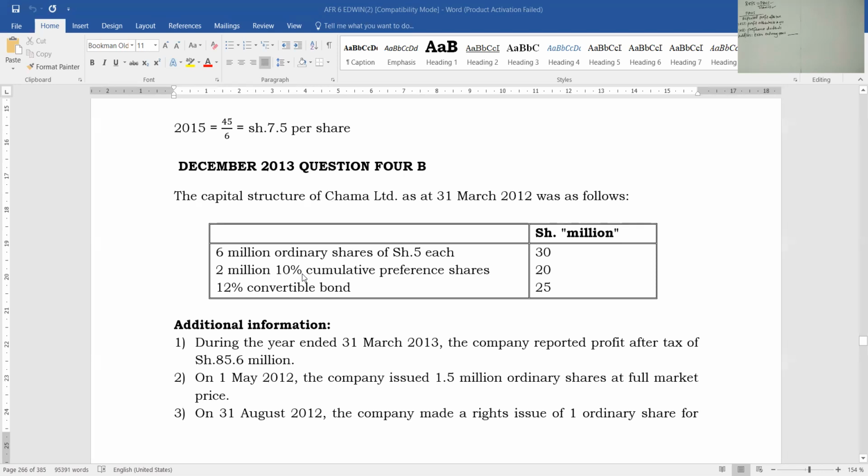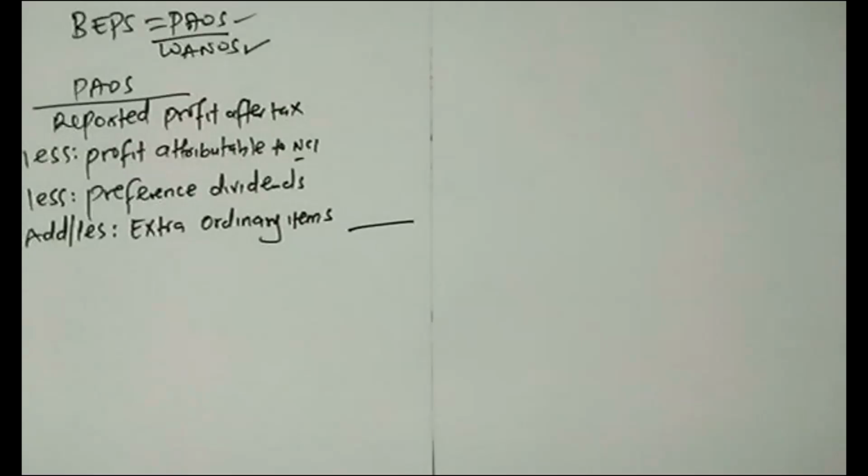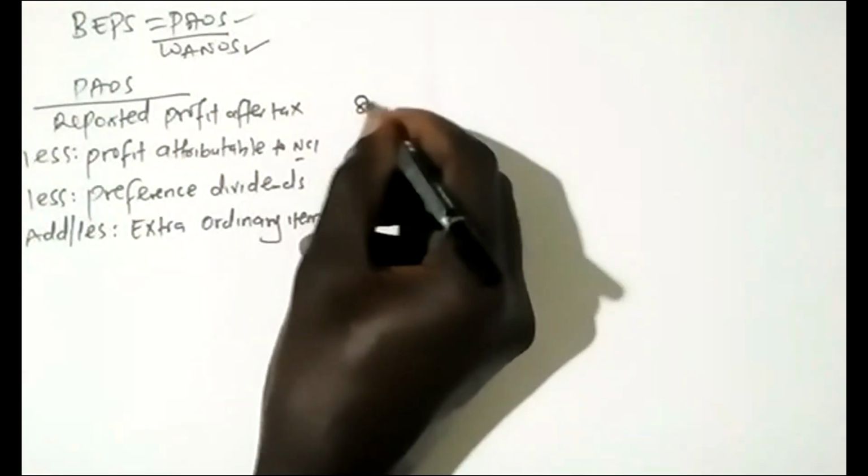So what I was looking for is the profit after tax to start with. The first thing they said was that during the year ended 31st March 2013, the company reported profit after tax of shillings 85.6.